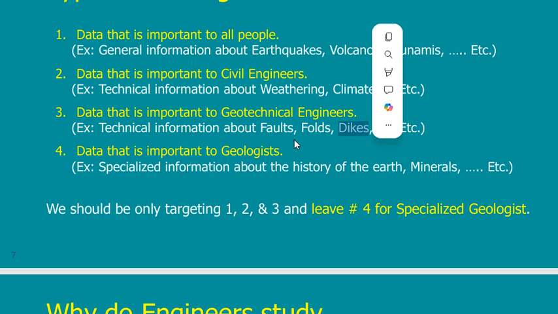Yani it gives you some information, but it is not the full data. So this is important for geotechnical engineers. It is also important, of course, for geologists, but this is outside of our scope, because geologists study more specific in every branch of geology. This is outside of our scope.